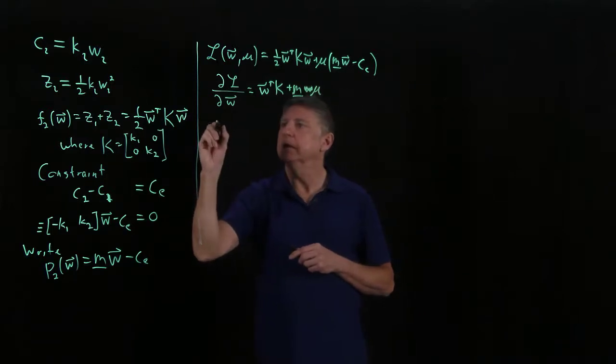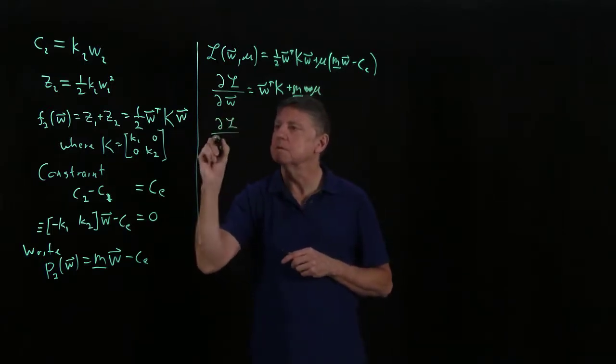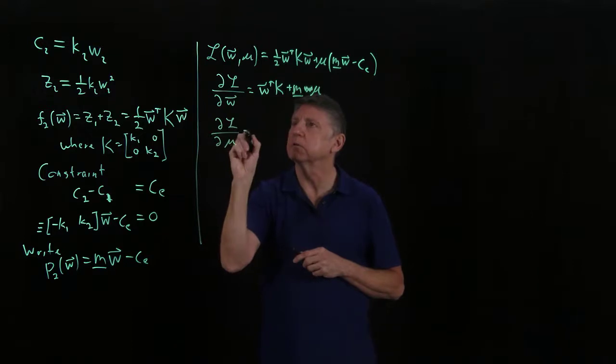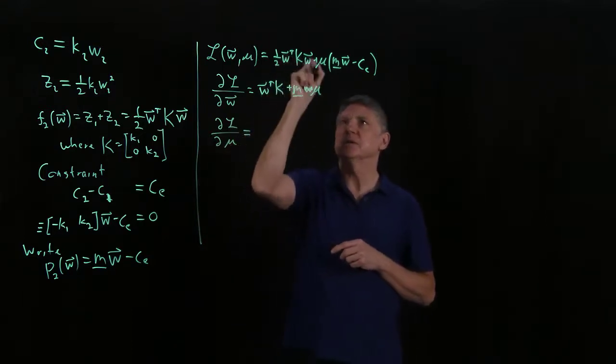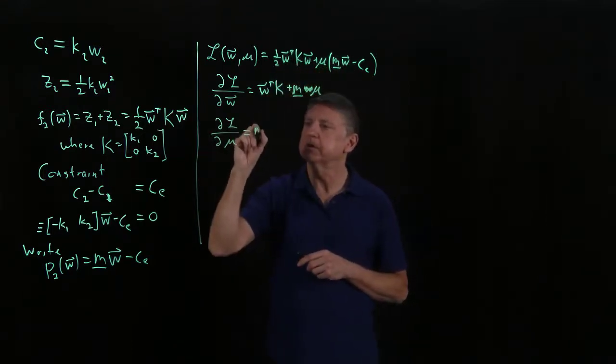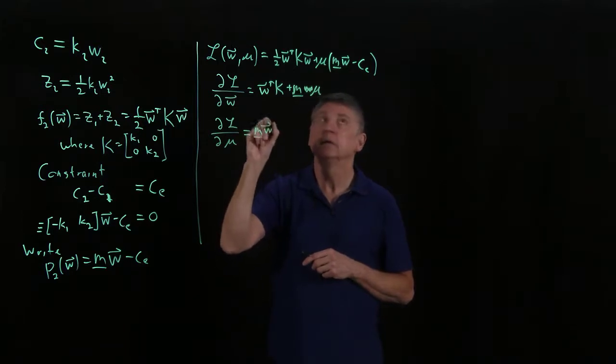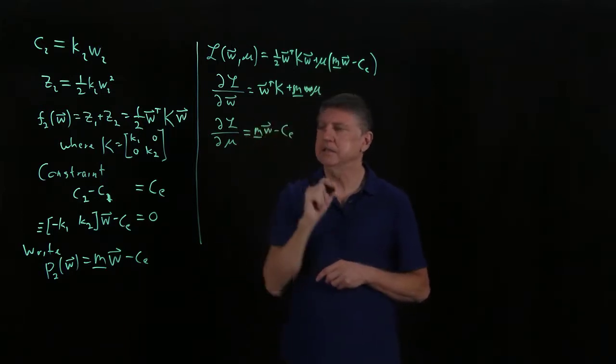And then the derivative of the Lagrange function with respect to the Lagrange multiplier is just the property, which is m W minus CE.